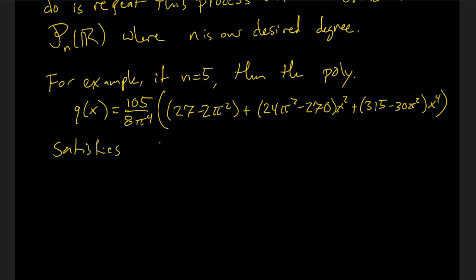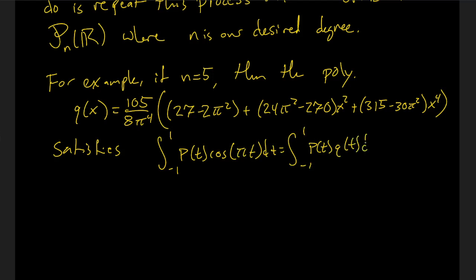satisfies the integral from -1 to 1 of p of t cosine of pi t dt is equal to the integral from -1 to 1 of p of t q of t dt for all p in the polynomials of degree 5 with real coefficients.